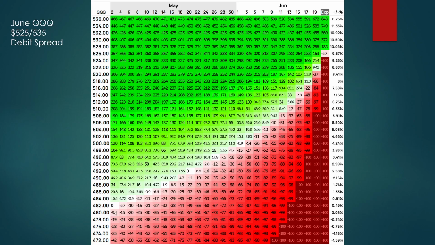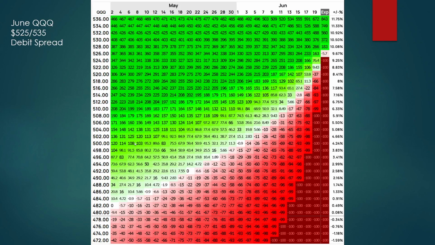So right now, QQQ is trading at about 480, and this purchase price was for when the market closed, which was about 482. So if we purchase at that value, the value of the debit spread was about $106 for the entire spread.